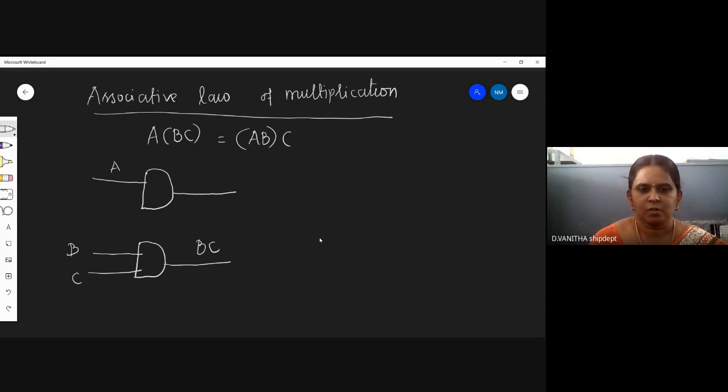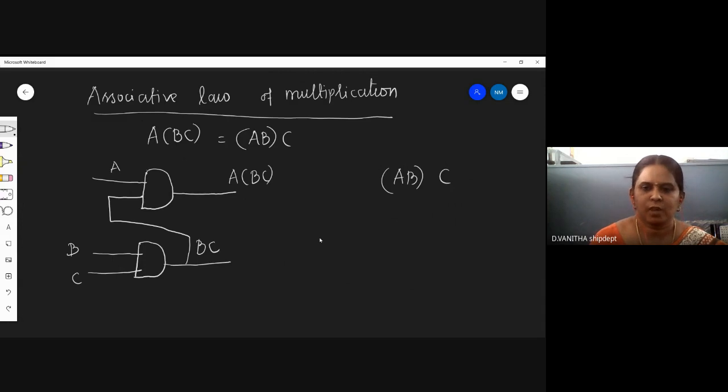The output of this has to be taken as the input of the first AND gate. So here we are getting A into BC. This is for the first equation.